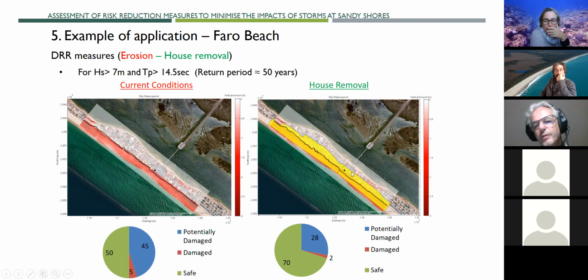We remove the houses on the yellow part, but we still have, for instance, some houses here that would be damaged. So we do have a reduction, but it would still not eliminate all the risk in the area by removing the houses on this yellow part.